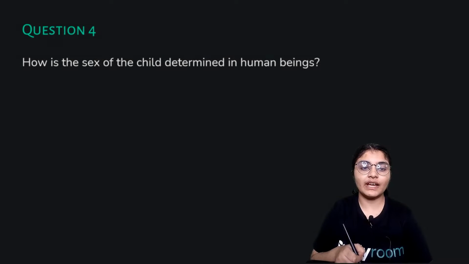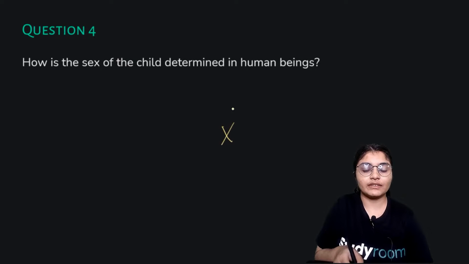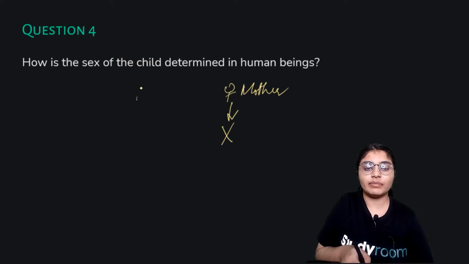The next question that we have is, how is the sex of the child determined in human beings? We just discussed that the X chromosome is coming from the female or the mother, okay? And the sex of the child actually depends on the kind of chromosome that is inherited from the father.